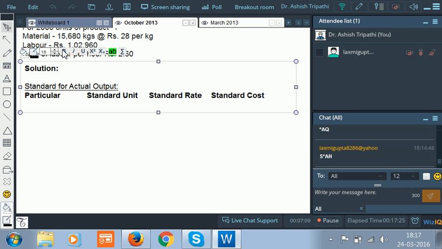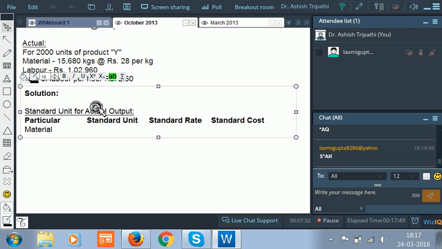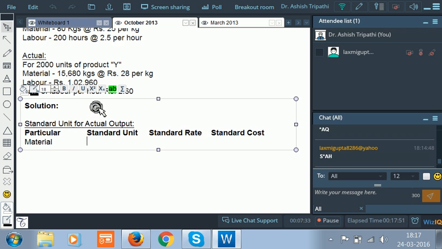Now in the particular column, first we will take material. We want standard unit for actual output. Right now, if you see the question, what is given?